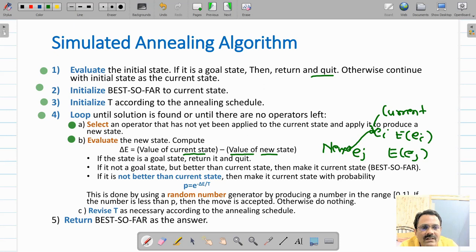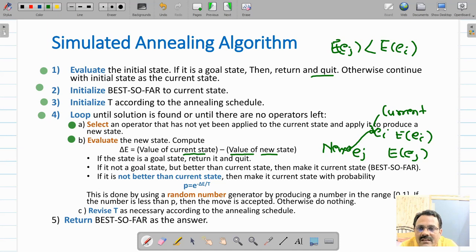We know that natural movement is from a high energy state to a low energy state. So the energy of Ei is greater than the energy of Ej, so the energy of Ej is less than the energy of Ei. So naturally Ej will be selected in that case.